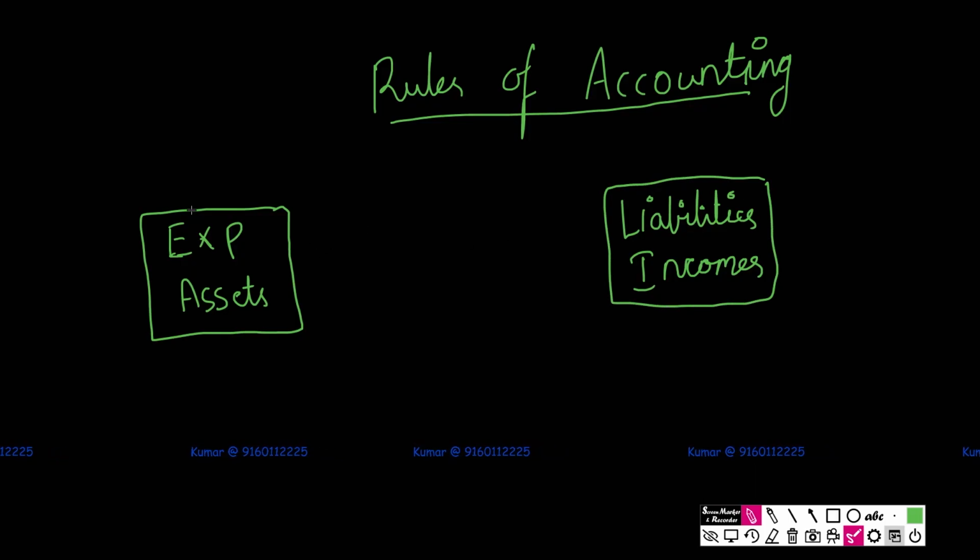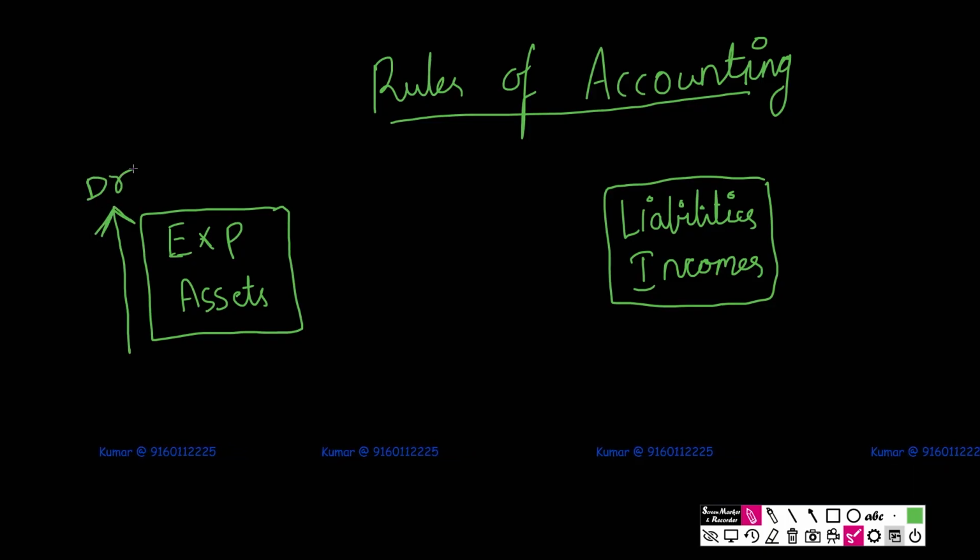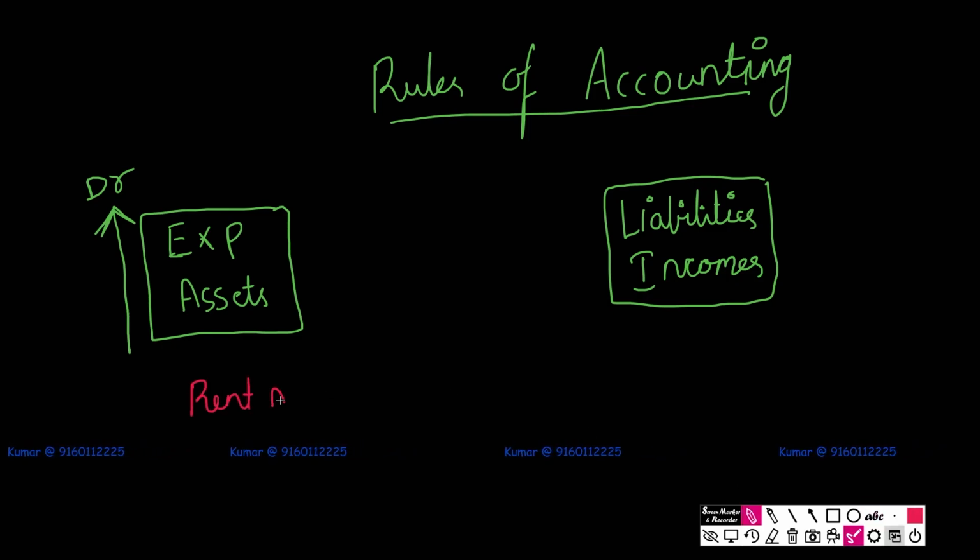So whenever assets and expenses are increasing, we are going to debit. How debit? For example, say we take only rent. We are opening a rent account.